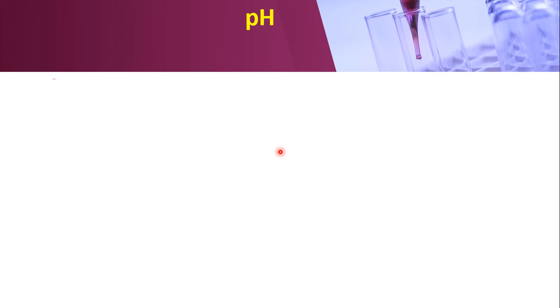In different experimental works related to biology, biochemistry, medical science, etc., dilute solutions of acids and bases are used. So, the concentration of hydrogen ion and hydroxyl ion in these solutions is very low, and their value is with a negative power of 10, like 10 to the power minus 1, 10 to the power minus 2, 10 to the power minus 3, up to 10 to the power minus 14.